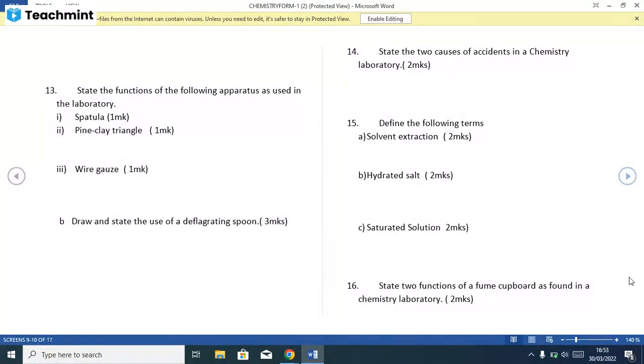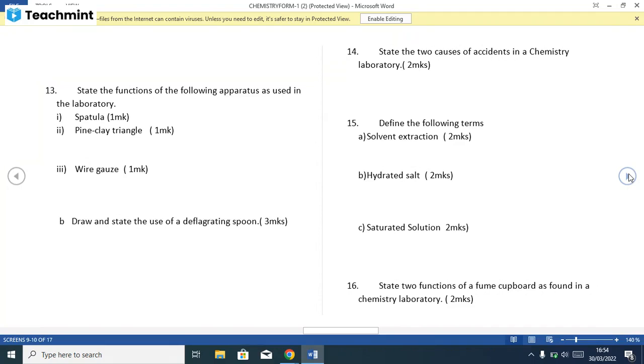Inside the structure we have water. That is what is called water of crystallization, and such a salt is said to be hydrated. Saturated solution: when a solid cannot dissolve at a given temperature.